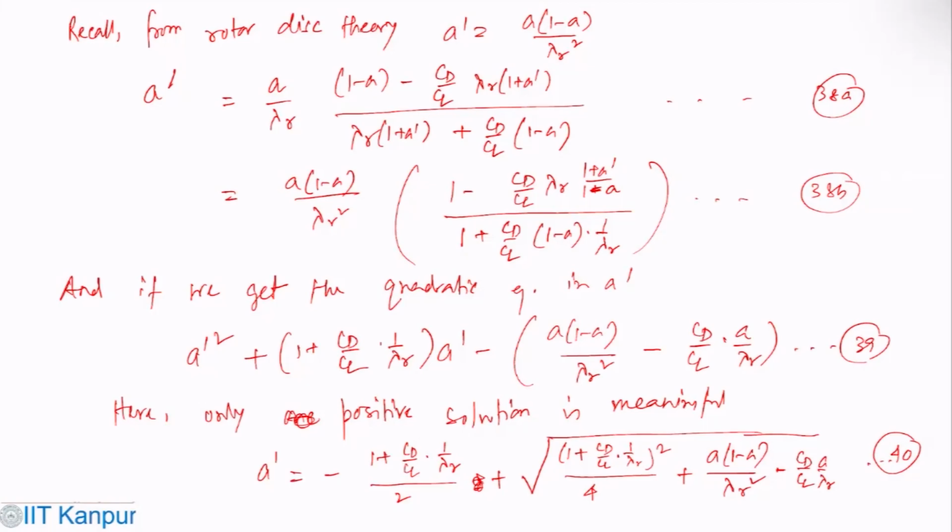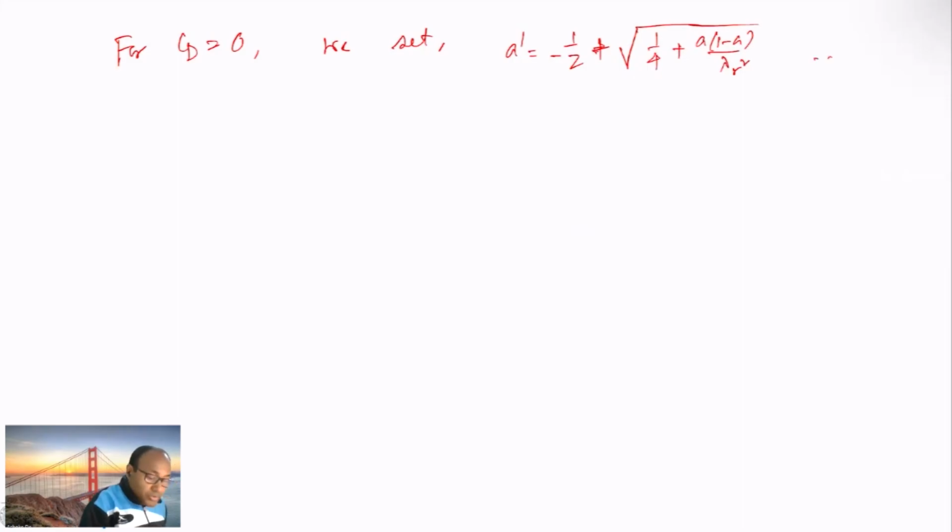And for a special case, let's say for CD equals 0, we get A prime equals minus half plus or minus the square root of 1 by 4 plus A into (1 minus A) by lambda r square, which is 41A.